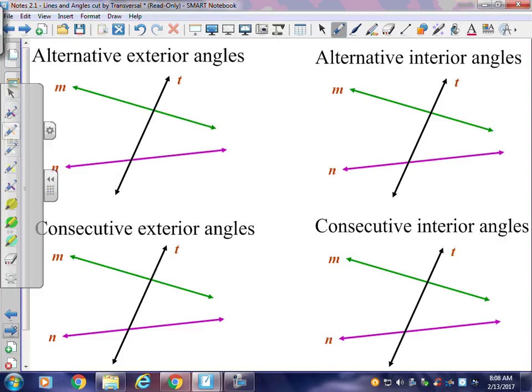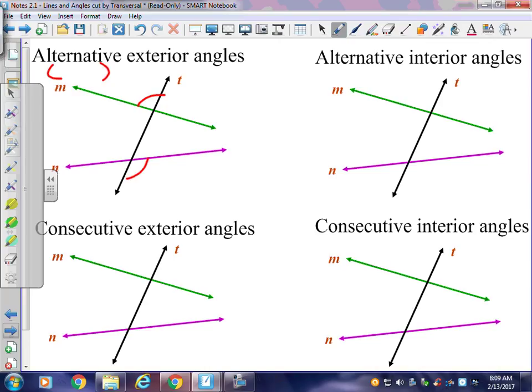Then alternate exterior angles are angles that are on the outside. For example, this is an outside angle. To be alternating means on different sides of the line, so I would have to compare it to this angle down here, because they are both outside the two lines and they are on different sides of the transversal.